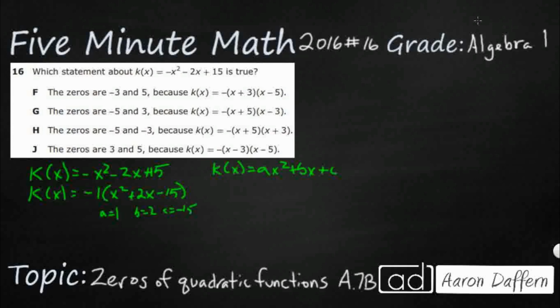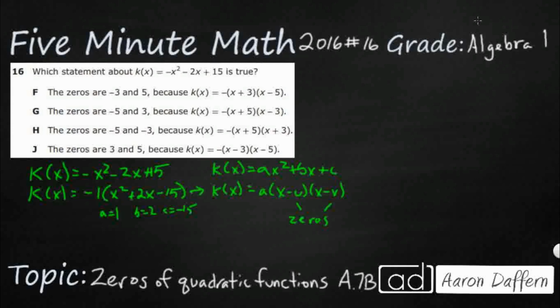I'm trying to get into the factored form, x minus u, x minus v. If I can get it like this, my u and v are going to be my zeros, because I can set each of those to 0 and then solve for x. So what I'm looking for is to change it from this form into that form.